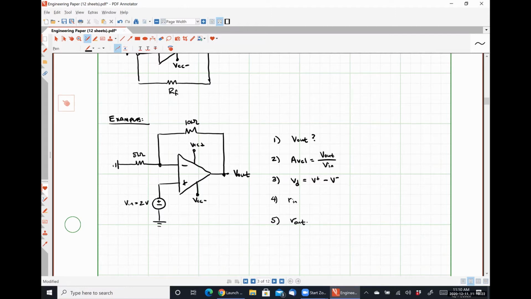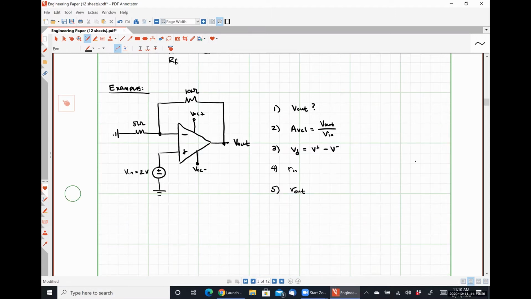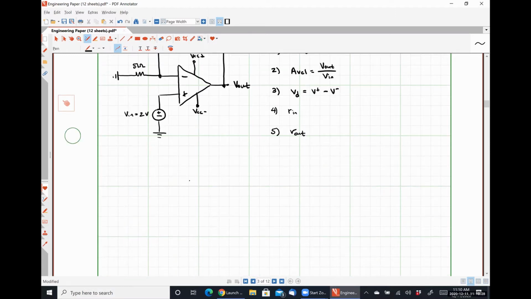So we're going to use the practical op-amp model first. So in the practical model, here I have my resistance Rin, and I guess I need to give you guys values for this stuff.